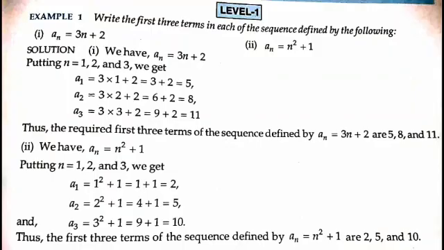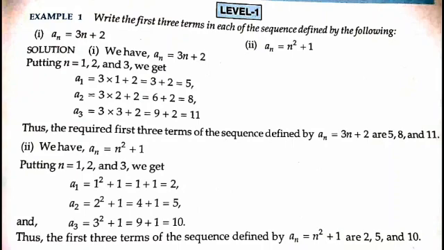Here in example 1, write the first three terms in each of the sequences defined by the following. So first we have An is equal to 3n plus 2. Putting n is equal to 1, 2 and 3, we get the first term of the sequence A1 is equal to 3 into 1 plus 2, which gives us 5.